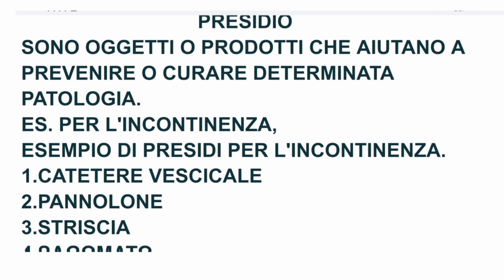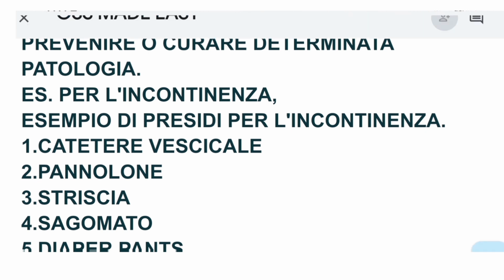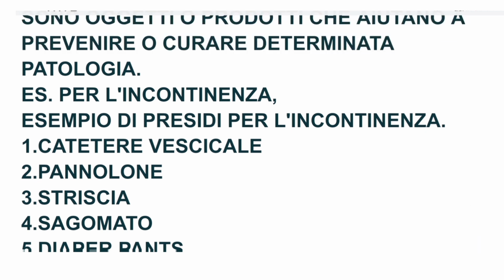And then we use this cathetere vescicale, which is a flexible tube used, placed inside the bladder of the person to collect the urine or to drain out the urine. They are called the urinary catheter in English.